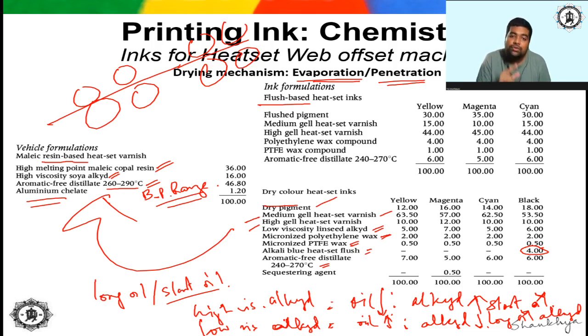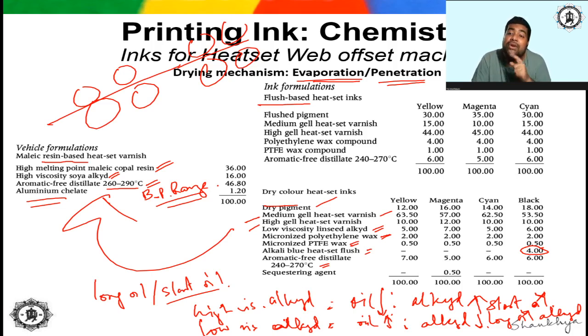So you need to use a distillate whose boiling range is optimal, so that by only increasing the temperature of the heating rollers to a certain extent you can get a good result, in the sense that most of the distillate will evaporate out.